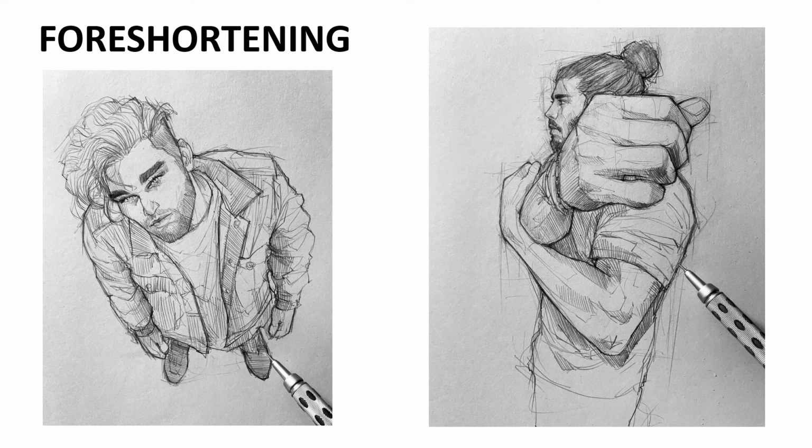It brings in that kind of distortion. This is simply because the fist is on a different plane, and the entire body is also on a different plane. So the one that moves towards the viewer's eye, because it's too close, will appear extremely big. And that's all about foreshortening.